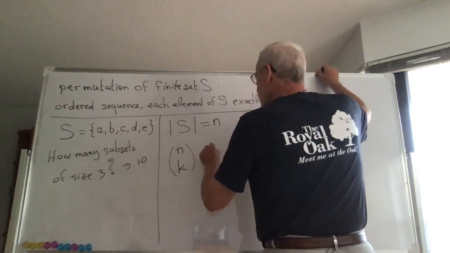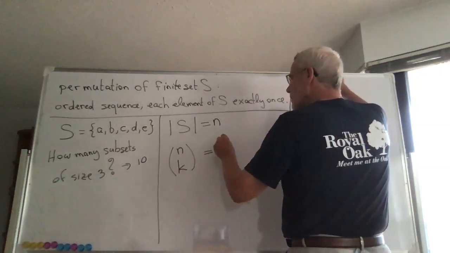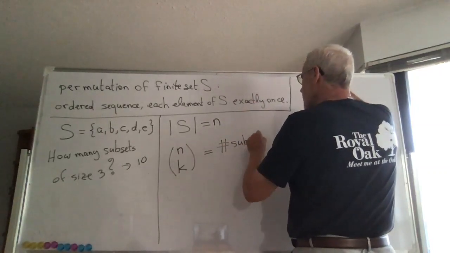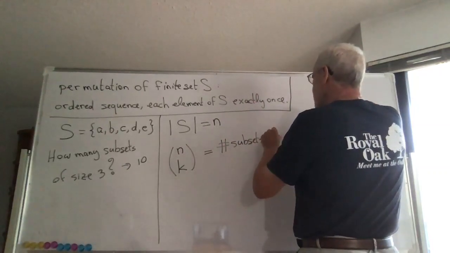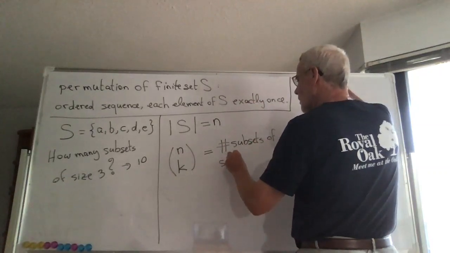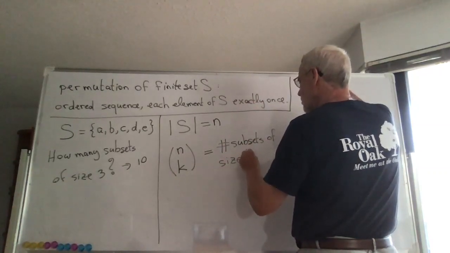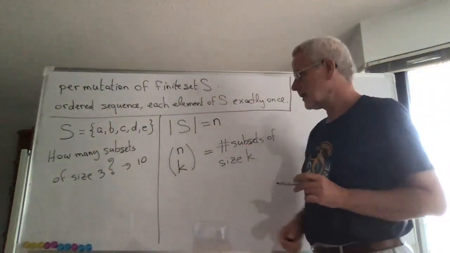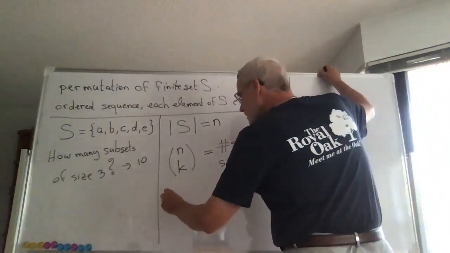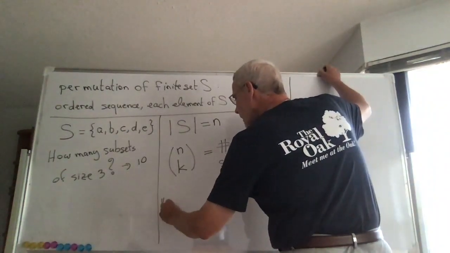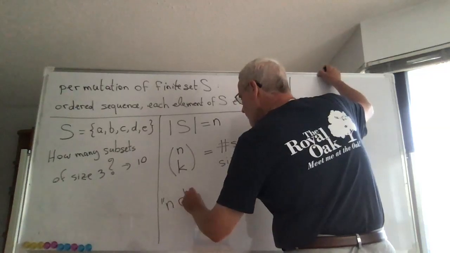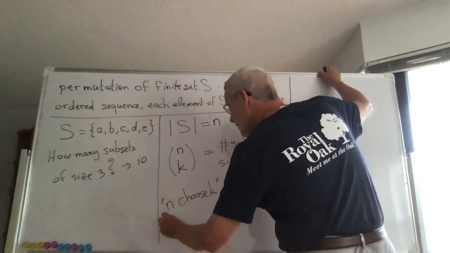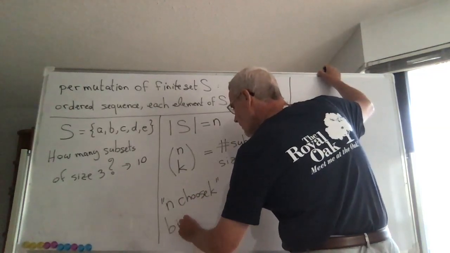So this here is equal to the number of subsets of size k. Okay, so this is the definition of this symbol. And this is pronounced as n choose k. And this is called a binomial coefficient.